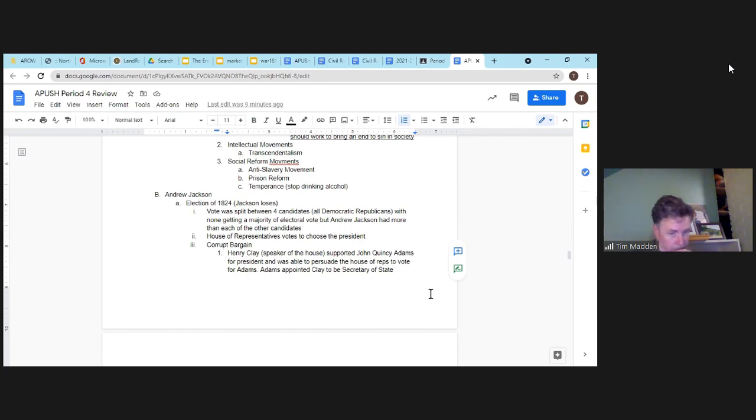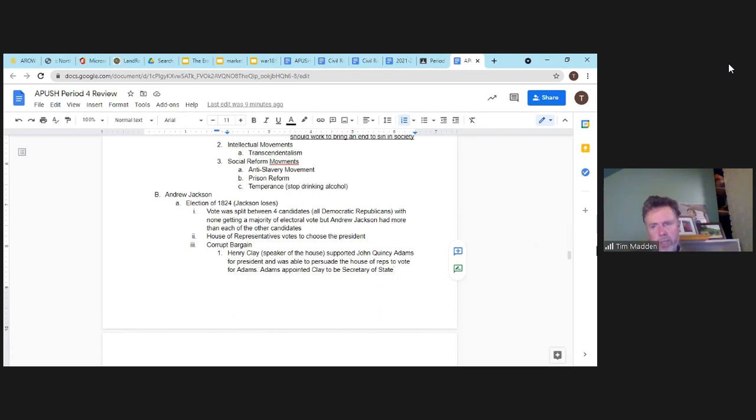And Henry Clay, who was actually in the election, but because he came in fourth, they choose between the top three vote getters. He was not in the runoff, but he threw his support behind John Quincy Adams. Okay, and Adams became president, and then he appointed Henry Clay to be his Secretary of State.